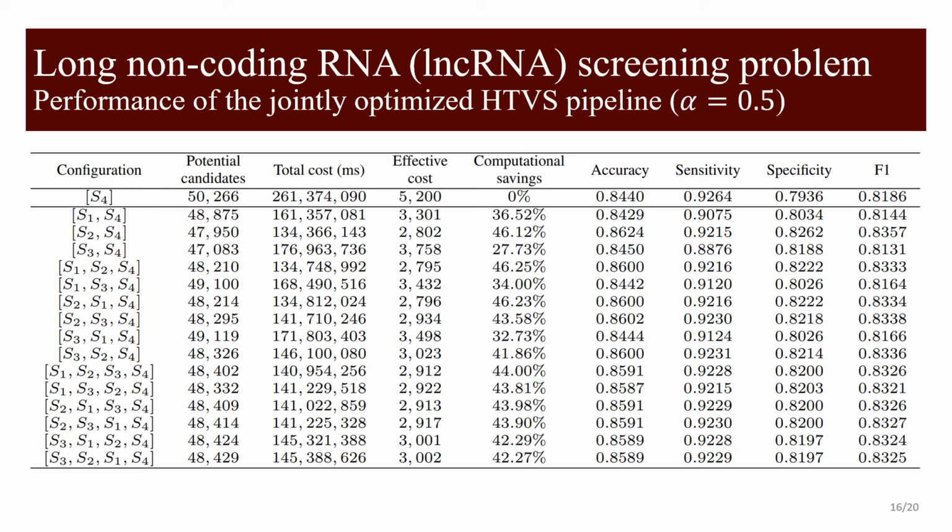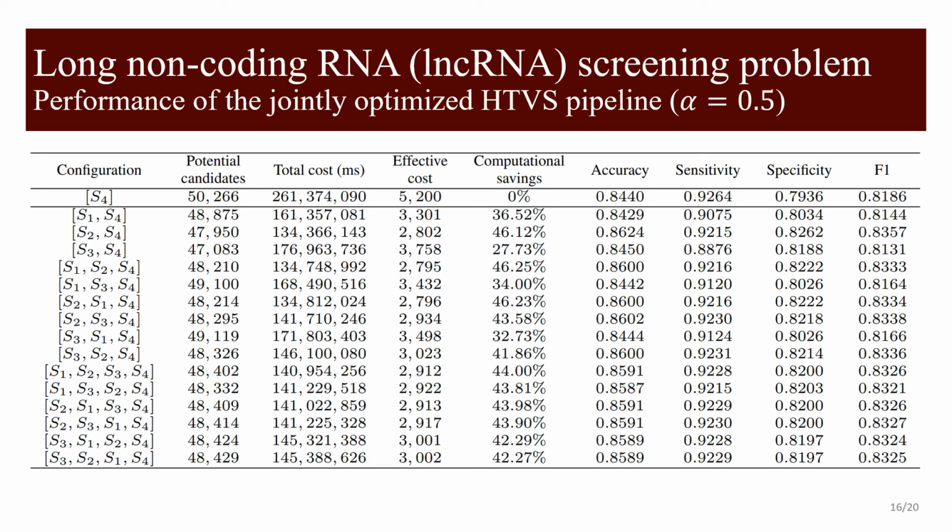As we expected, optimized pipelines, including the second stage S2 associated with CPAT, achieved relatively high computational savings compared to those without S2. The optimized framework was indeed effective to reduce the performance degradation caused by the presence of the stage associated with a less correlated and computationally complex algorithm, PLEG.